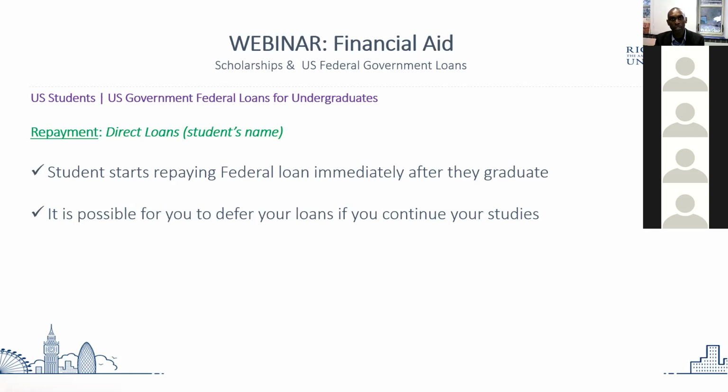Having said that, you're at liberty at any time, and we do have some cases like that every year, where students might opt to, for whatever reason, start repaying their loans whilst they're enrolled as a student. So there's nothing stopping you from doing that, because some students apply for a high amount of loans at the start of the academic year, but then probably they're able to get employment here in the UK, on-campus employment.